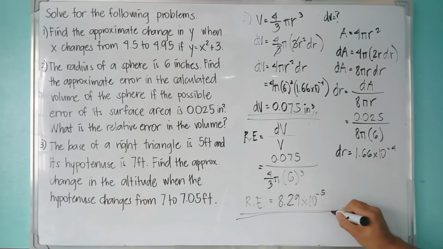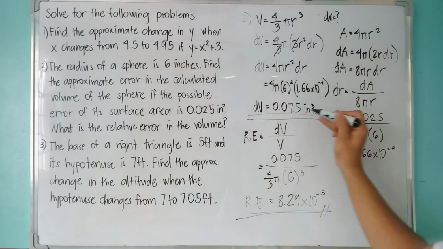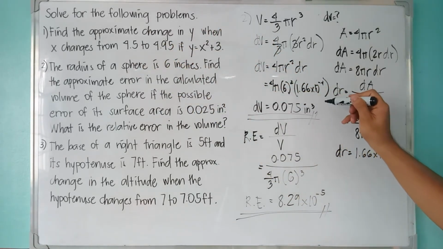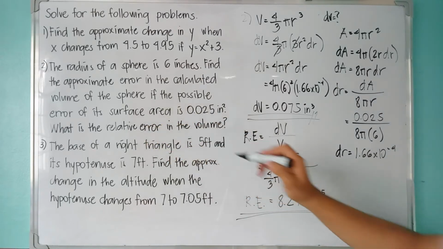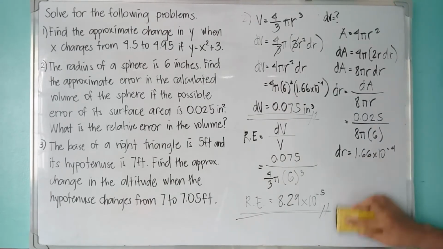So ito ngayon yung pangalawang unknown natin. So nasolve na natin yung approximate error in the calculated volume, which is 0.075 cubic inches, and yung relative error in the volume, which is 8.29 times 10 raised to negative 5. Then for number 3, burahin ko na ulit.